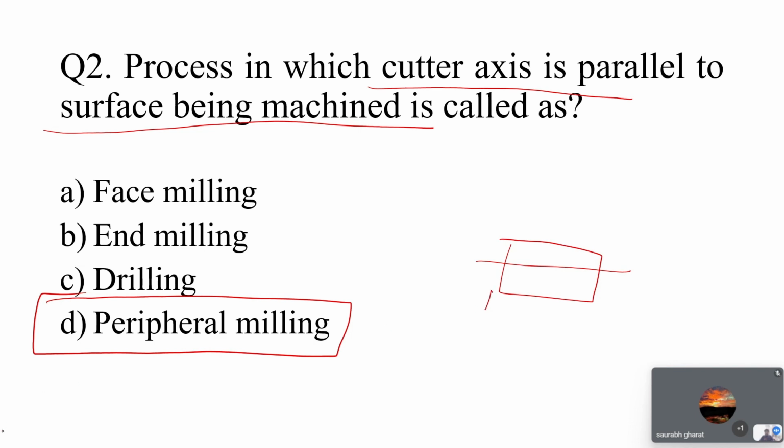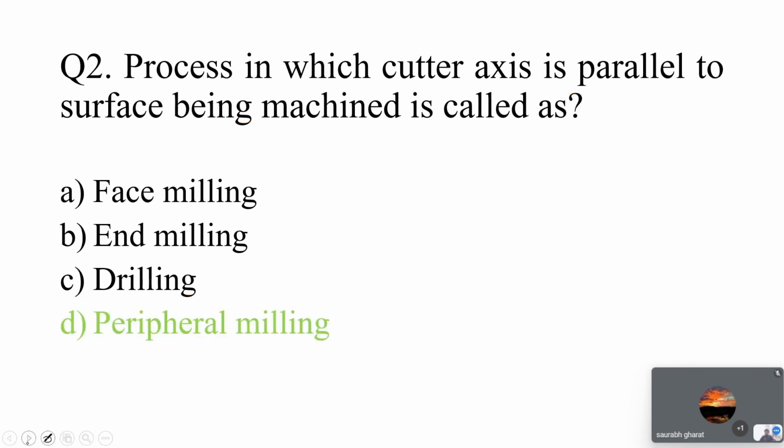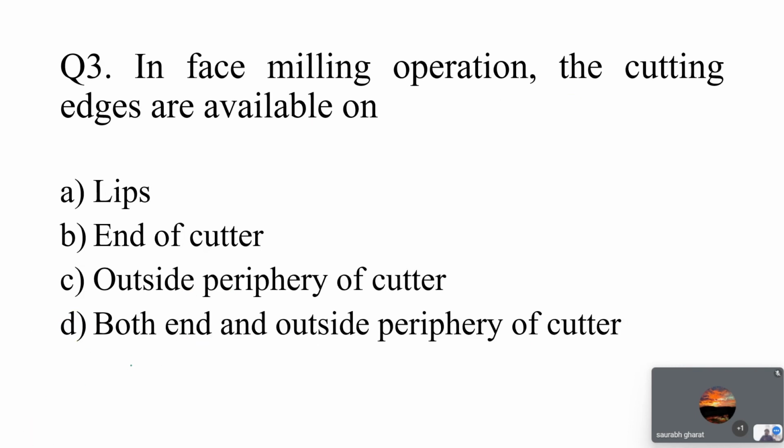What they are asking here is the process where the cutter axis is parallel to the surface being machined. This is your axis, this is your workpiece, and the axis is parallel. Both are exactly parallel. So it's peripheral.